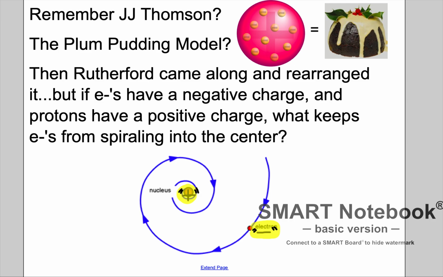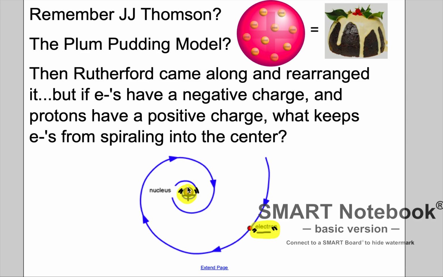Then Rutherford came along and rearranged it because of his gold foil experiment: the nucleus, instead of encompassing the entire atom, is actually a small dense area and the electrons were on the outside.